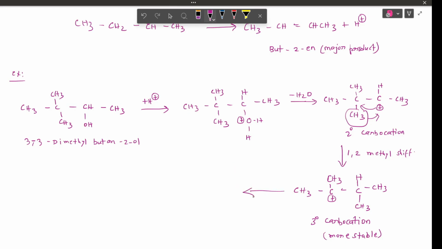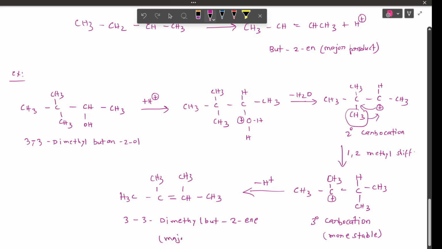Then one proton will be removed, and we will have our required product, that is H3C, C, CH3, double bond CH, CH3, then CH3. This is your major product, 3,3-dimethylbut-2-ene.